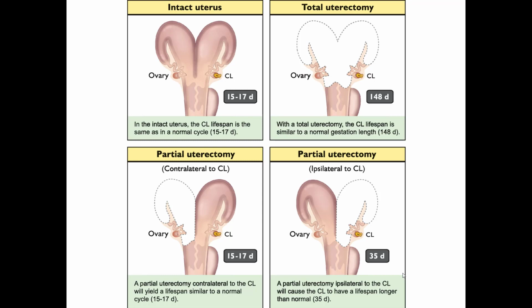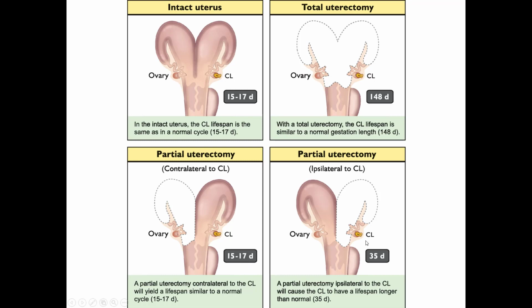The second interesting piece of information here is that there's some cross signaling taking place. If the side of the uterus that is left intact is on the same side as the CL, that communication is enhanced, and the CL is going to be in place for a normal period of days.